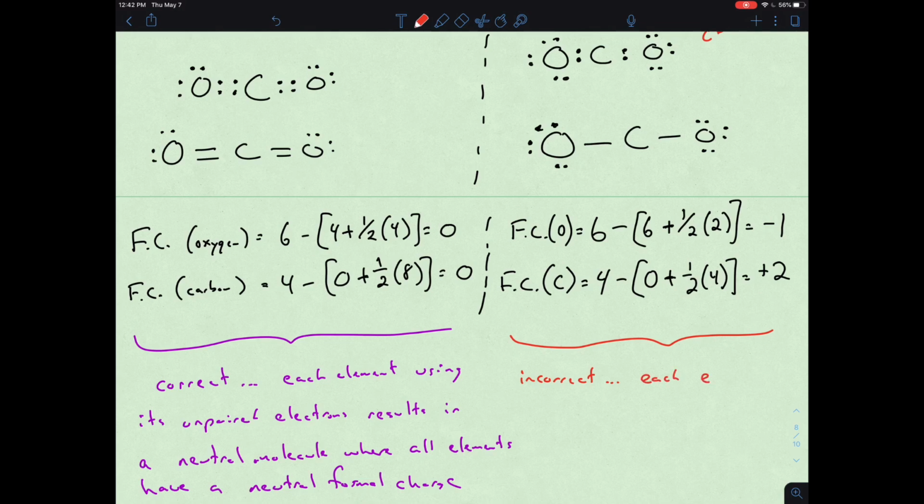Each element has basically lost or gained electrons to bond.